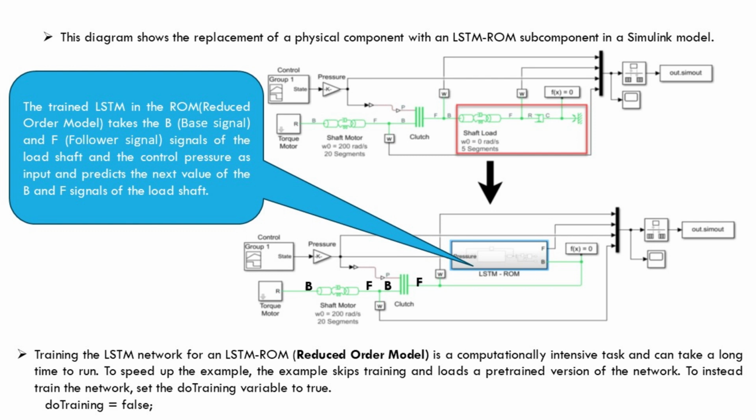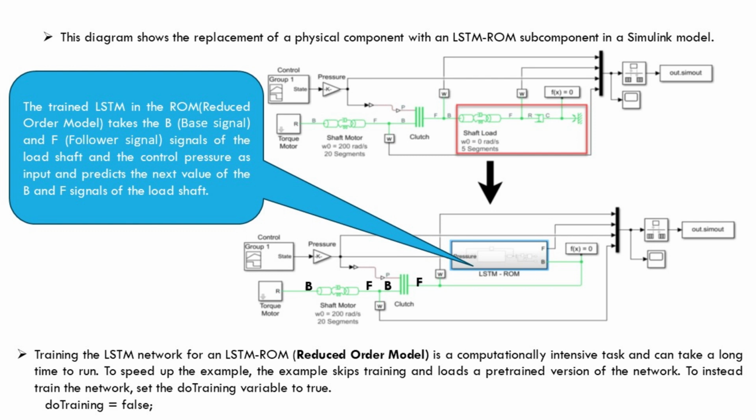The trained LSTM in the ROM takes the B, base signal, and F, follower signals of the load shaft and the control pressure as input and predicts the next value of the B and F signals of the load shaft. After the model is trained, the example creates an LSTM ROM component and replaces the physical component in the Simulink model with it.